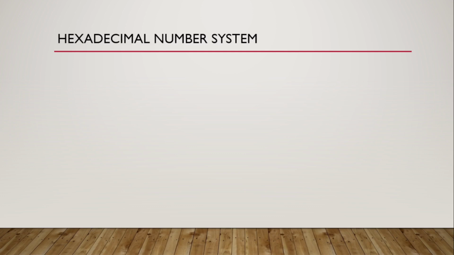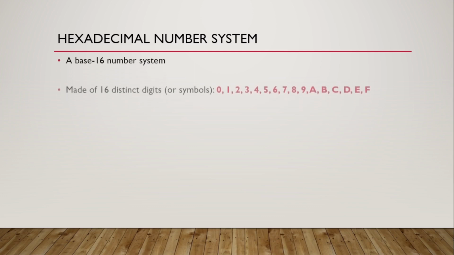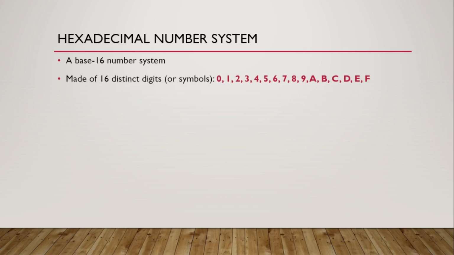The hexadecimal number system is a base 16 number system, which means that it is made up of 16 distinct digits.